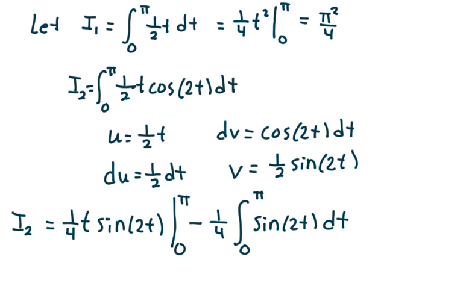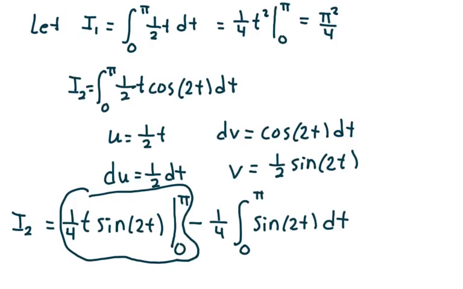Now, if you guys remember, sine of 2 pi is 0, and sine of 0 is 0. And so this first term is going to go away. And so you're going to be left with negative 1/4, right?